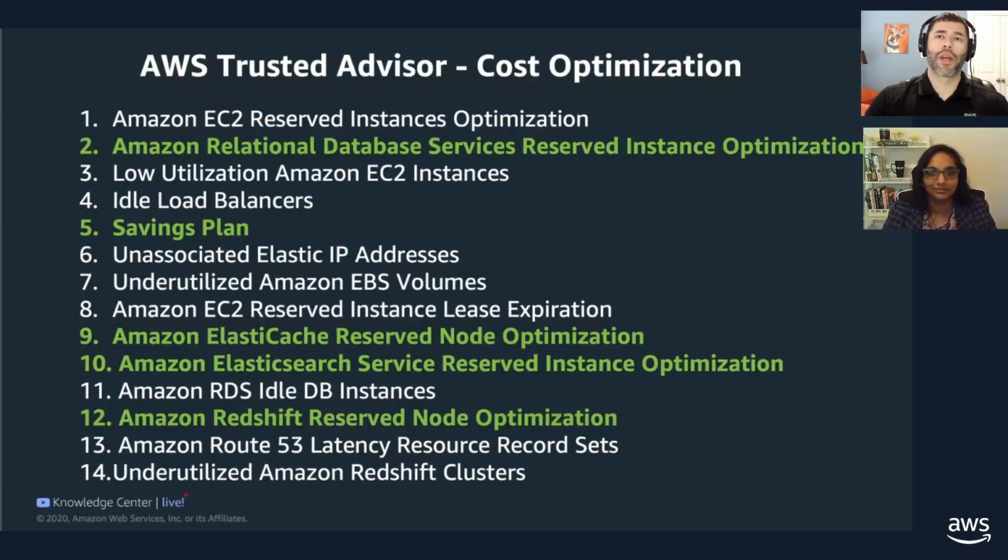Yeah, it's a really good question because there's obviously some difference between the two of them and why we offer both products. I'll start with our Reserved Instances, which have been around a little bit longer than Savings Plans. Reserved Instances are a cost-saving construct that AWS has for our customers to help you reduce the costs for steady-state workloads that you have in EC2, RDS, ElastiCache, Elasticsearch, and such.